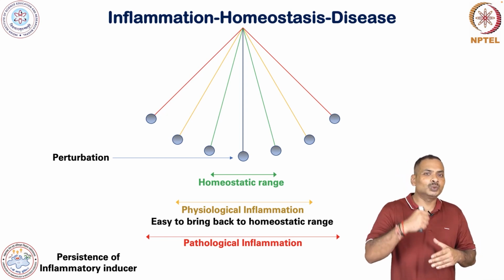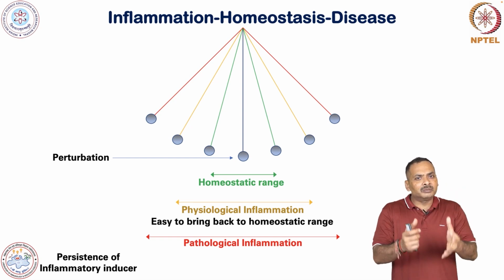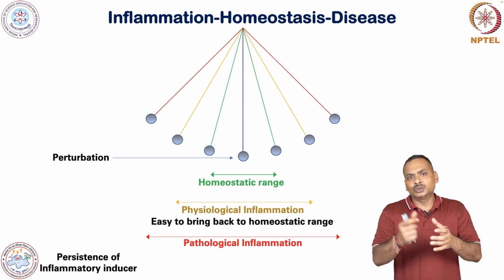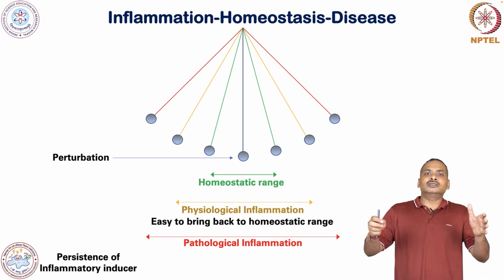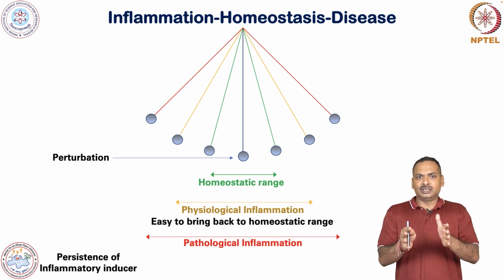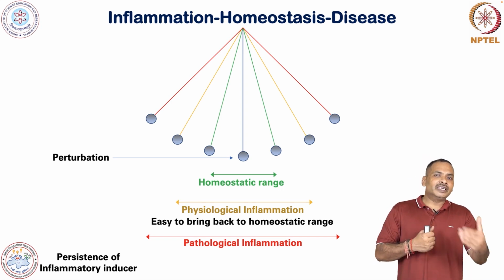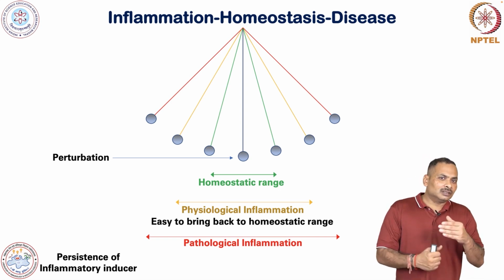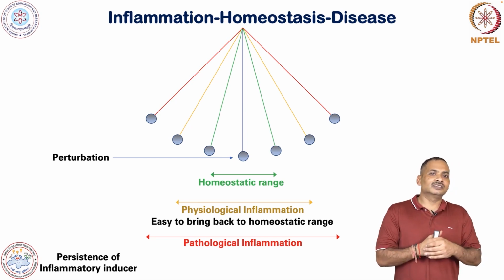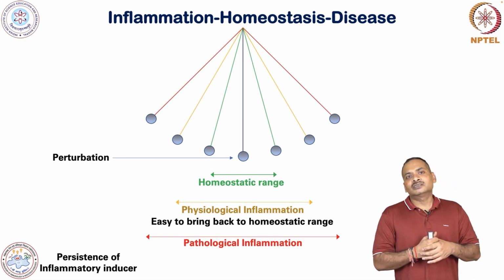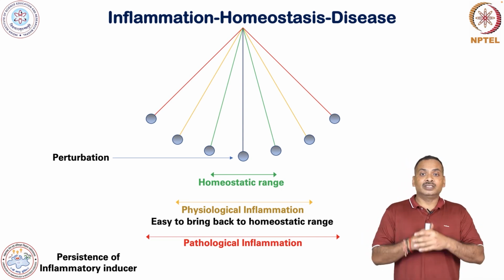In the above two cases, the inflammatory material is there, but due to inflammation those things are removed, so the individual is within the homeostatic range. But here, when the inflammatory substance remains in the tissue or in the system, that may result in pathological inflammation.